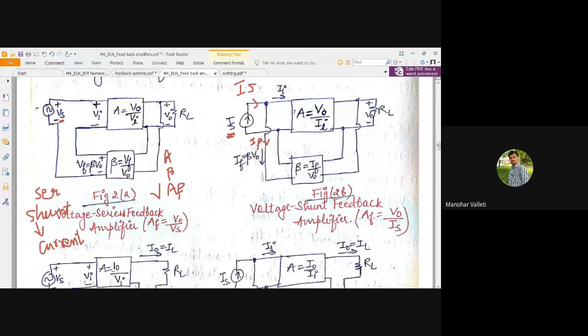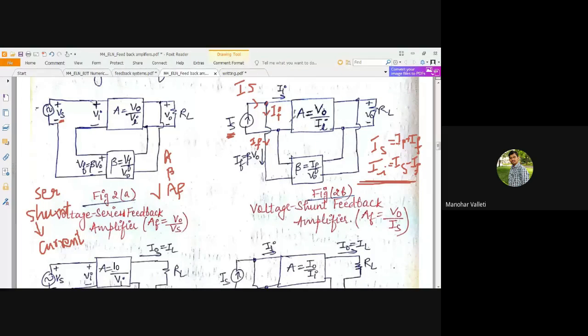Apply KCL here: Is equals Ii plus If. From this, Ii equals Is minus If. We always have to show that the effective input appearing at the amplifier is the difference of the input and feedback signals. Negative feedback means that only, and we try to show this in each type of connection.